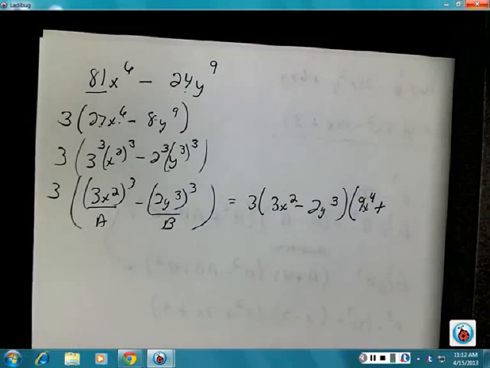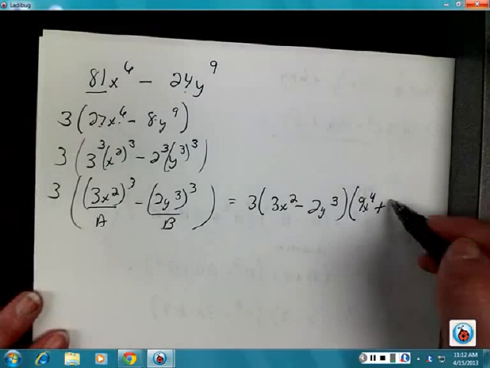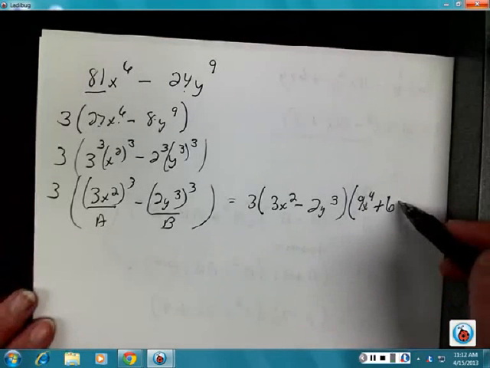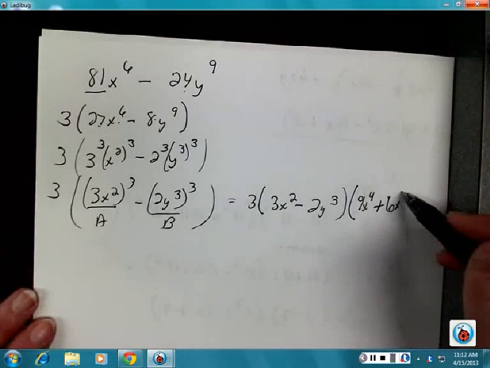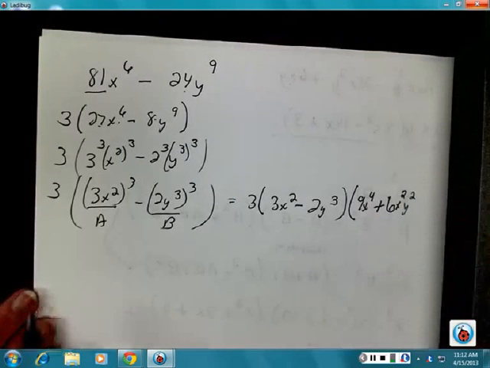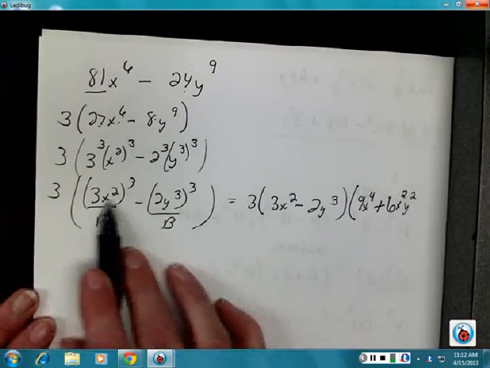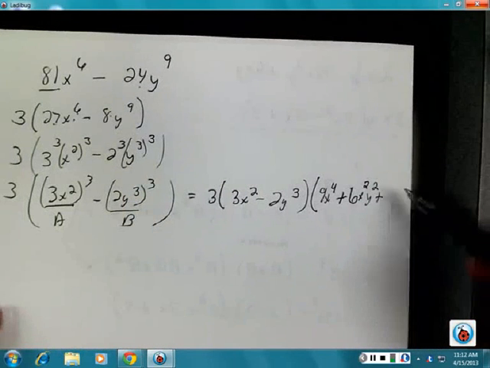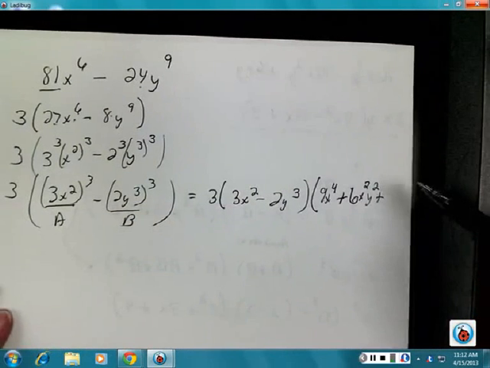What's the second piece? A times B, which will be 3 times 2, gives us 6. X squared, y cubed. These don't combine when you're multiplying. And then finally, the last thing you need to put in here, 2 squared.